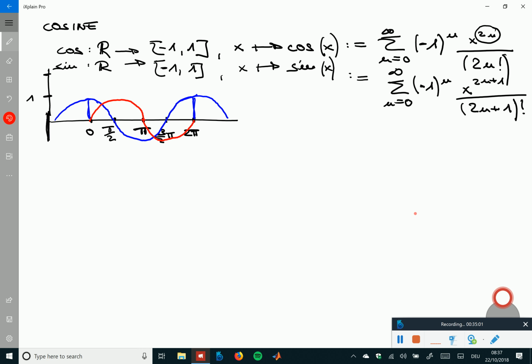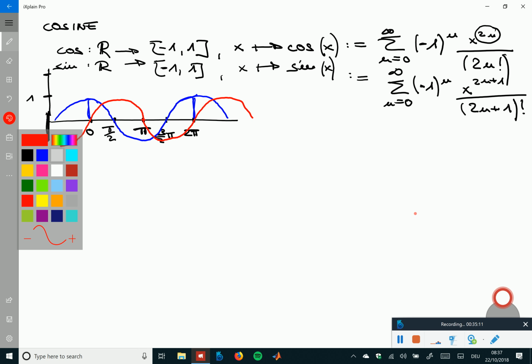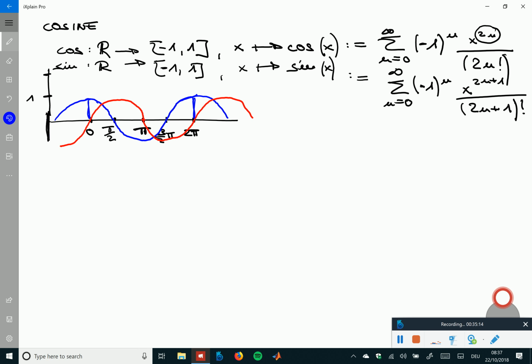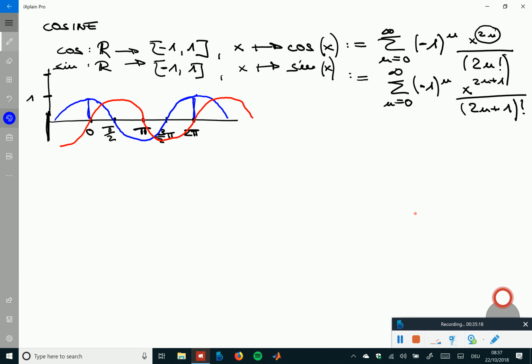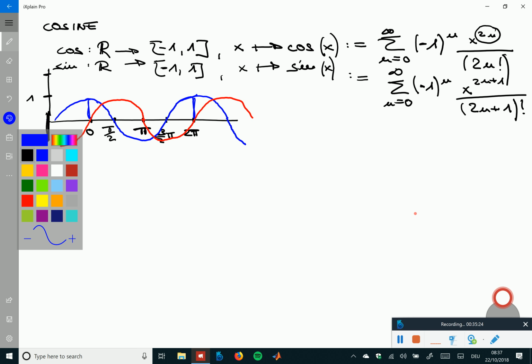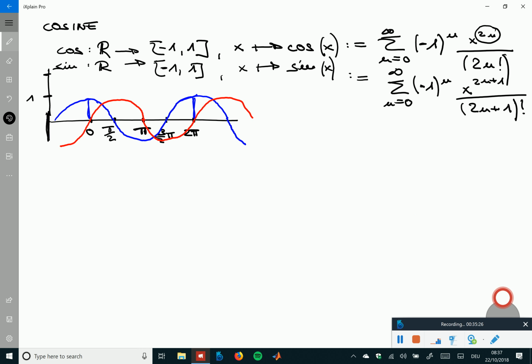So they are shifted by pi half. So that's sine and cosine function. So you have seen all of this before. The new thing was the series definition. Again, we will need that.